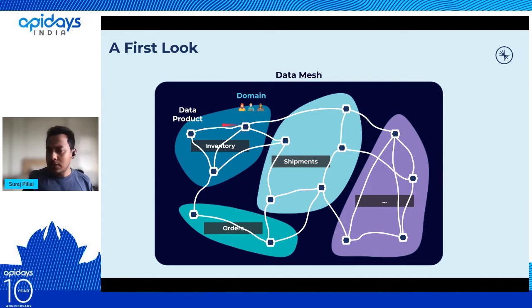All these nodes which you see are essentially the data products which are published by this domain or exposed by this domain so that the other domains can consume from it. And the owners of this data are this domain. So that is where we want to get to.